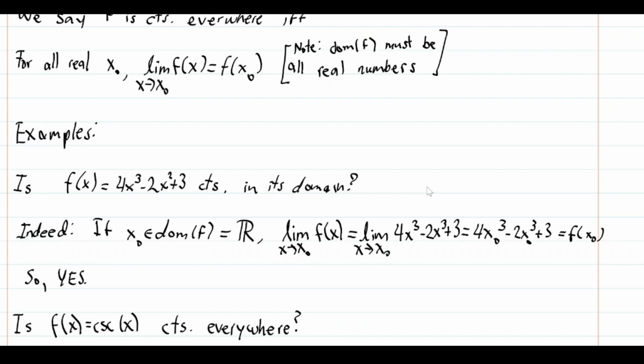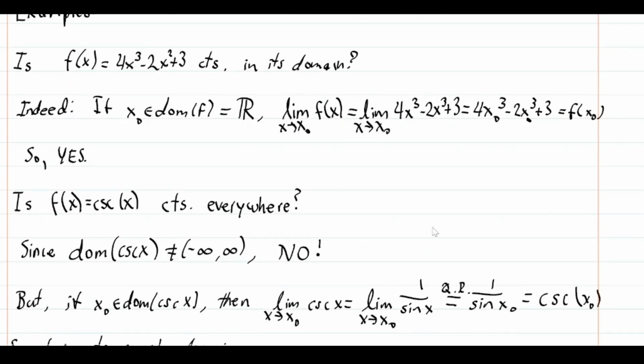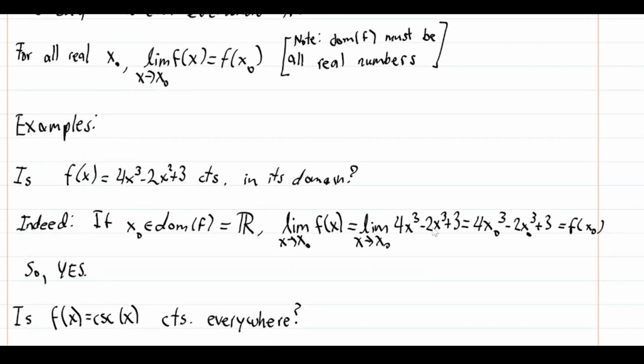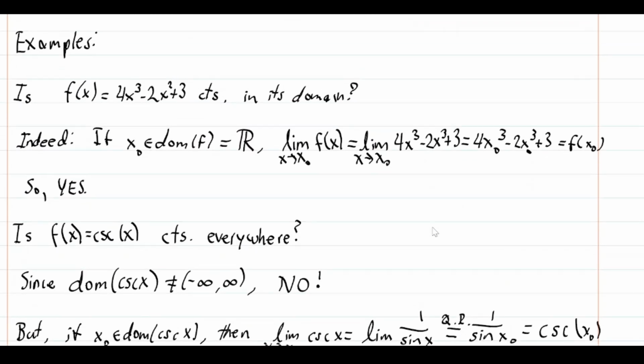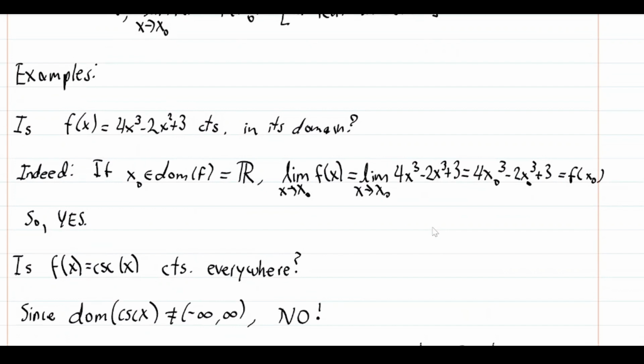In fact, any function that you find that we've done, like rational functions, all the trigonometric functions, polynomial functions, radicals, are continuous in their domain because we proved theorems regarding limits that we can just plug it in. So is cosecant of x continuous everywhere? Well, the domain of cosecant of x is not equal to all real numbers.